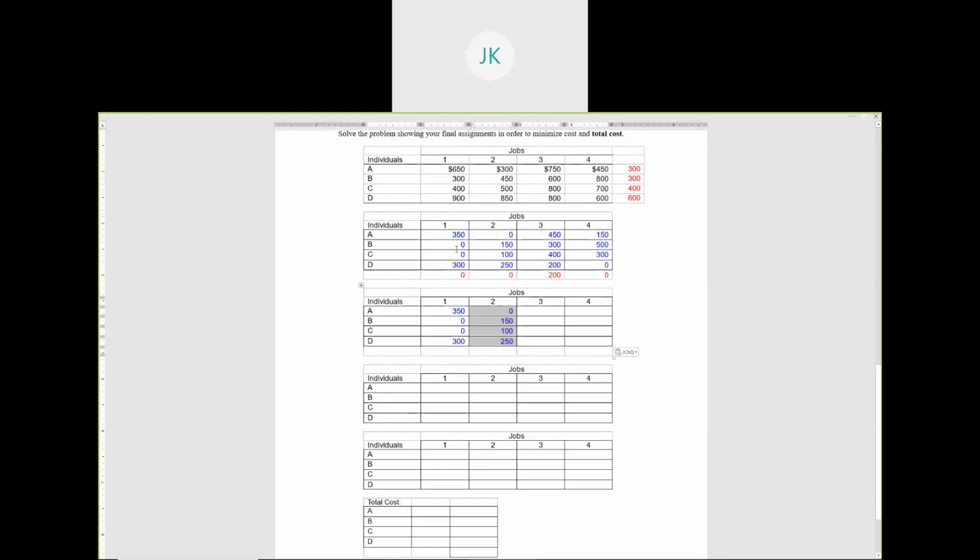This column, this column, this column, no change. But this column changes because the smallest is 200. So 450 minus 200 is 250, and 100, 200, and 0.